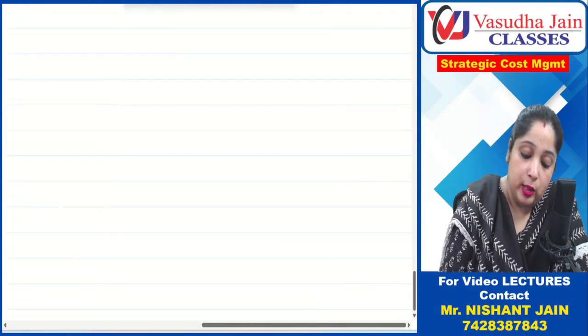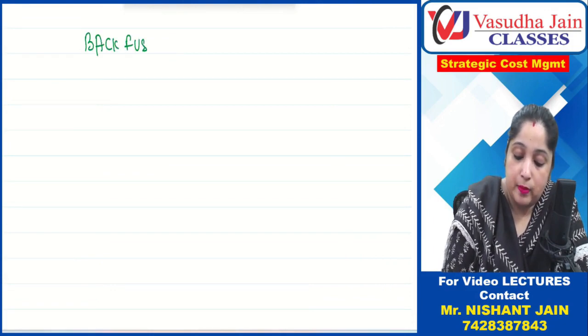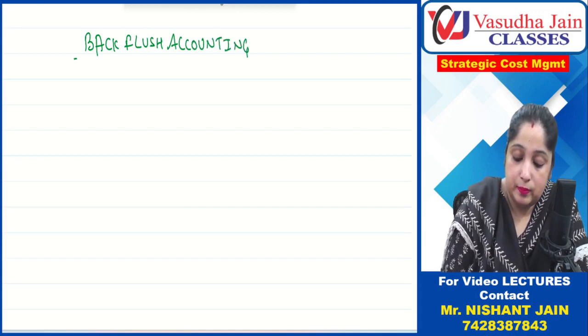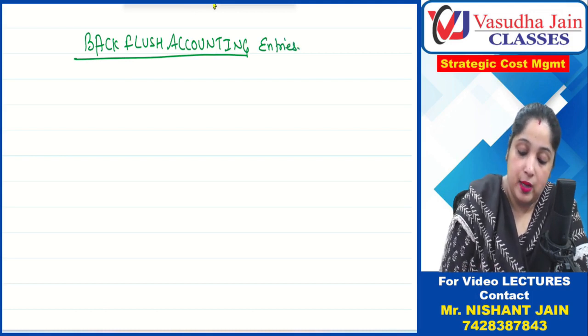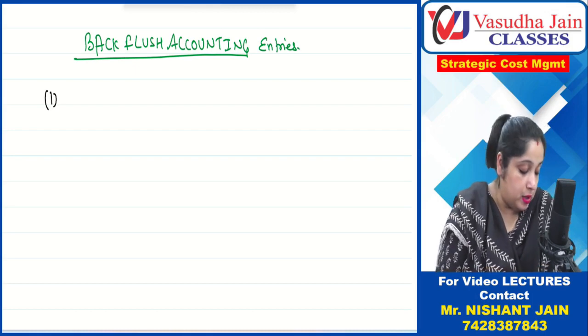Okay, so let us write here back flush accounting entries. Let us pass the entries. The first entry will be what? Your first entry will be raw material that you have purchased.